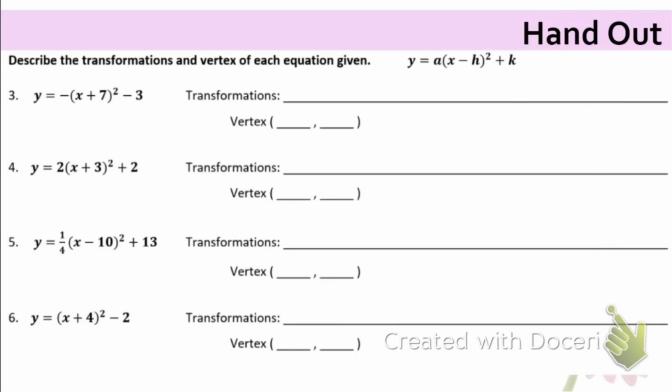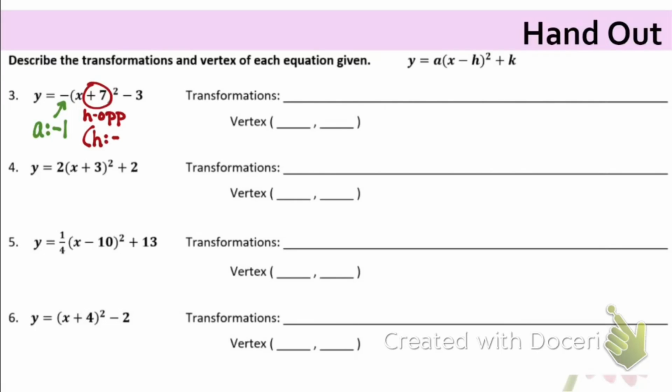Look at number 3 with me. What's the A value there? -1. So A is -1. Is this H? No, that's the opposite. So what is H then?